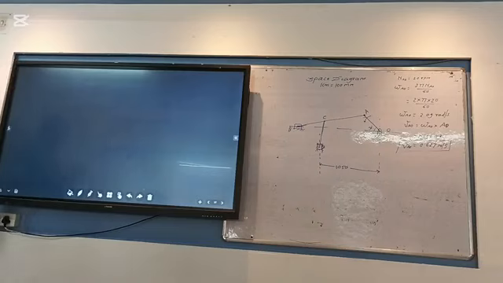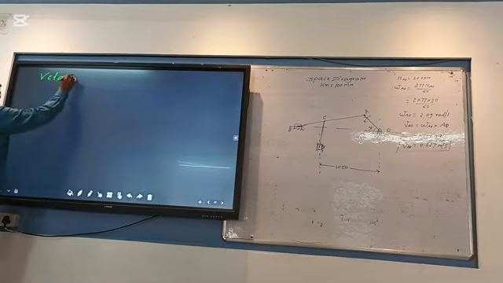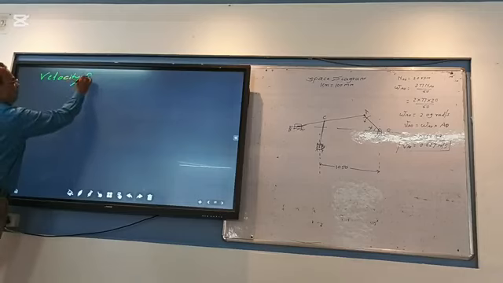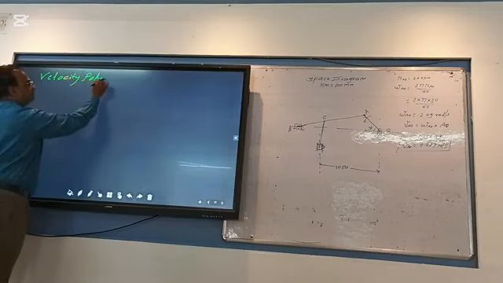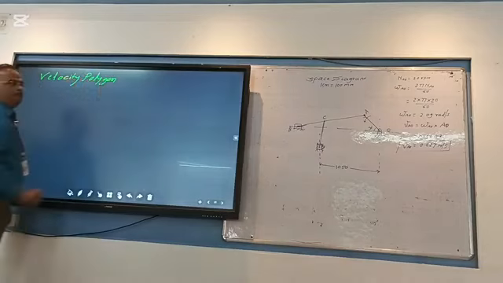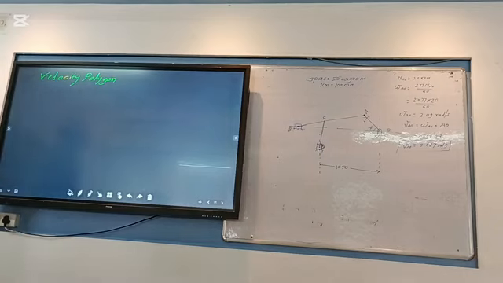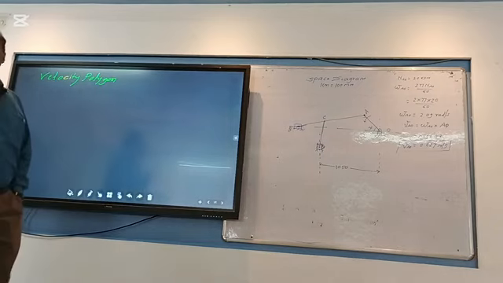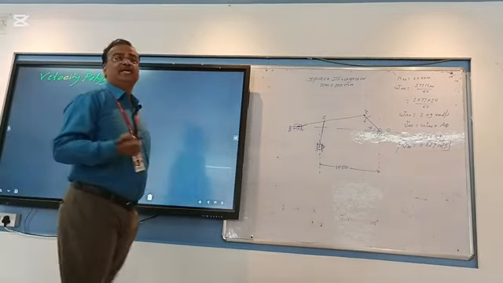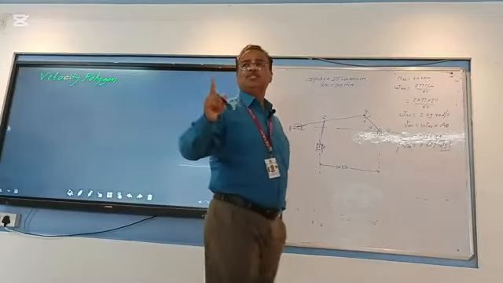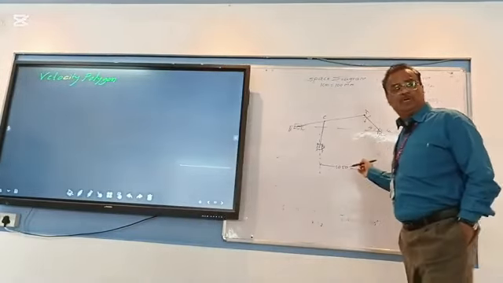Shall I move ahead? So to begin with the velocity polygon, I will write here velocity polygon. I have to take the scale. Why take a scale? I have already explained that. Scale क्यों लेना है velocity polygon के लिए? Because the magnitude is in meter per second.